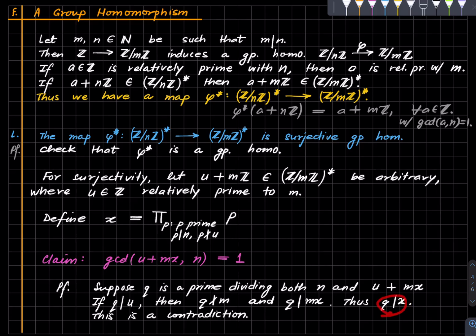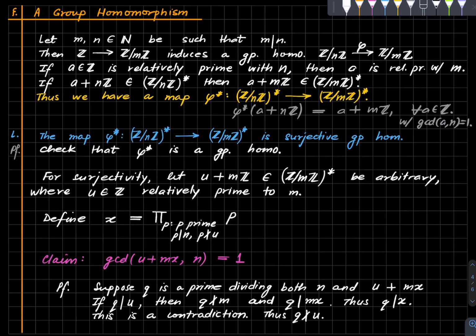If some prime divides x, then that prime has to be of the form which divides n but does not divide u. But here we have a prime that divides u, which also divides x, and it also divides n. As soon as q divides x, it already follows that the prime does not divide u. So q cannot divide u. Thus q does not divide u.